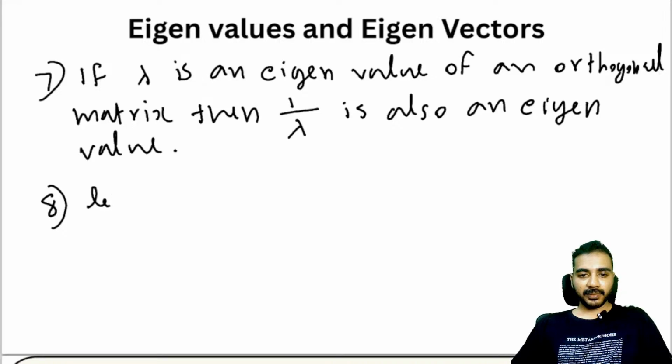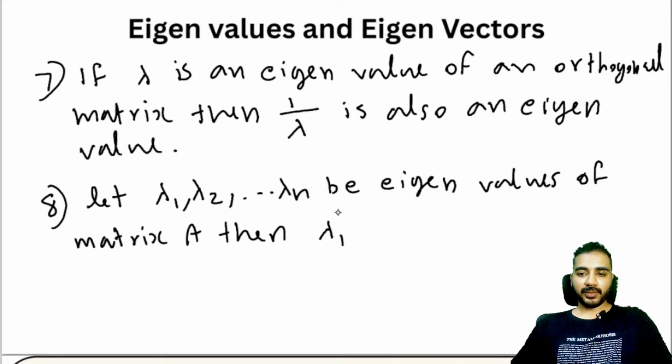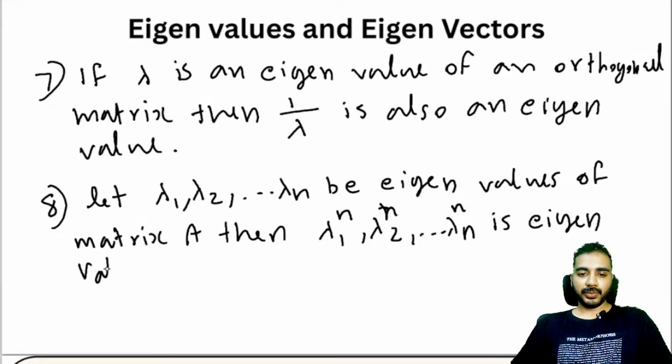Let's say lambda 1, lambda 2 up to lambda n are eigenvalues of matrix A. Then lambda 1 raised to n, lambda 2 raised to n up to lambda n raised to n are eigenvalues of matrix A raised to n. Okay.